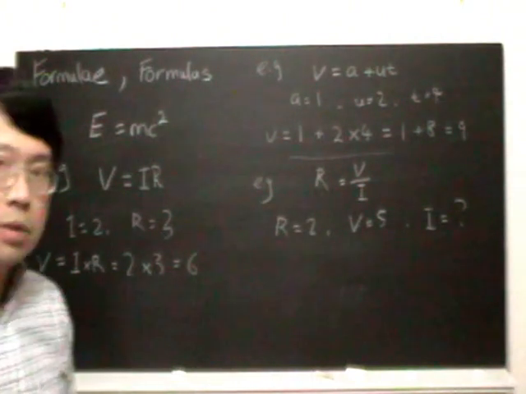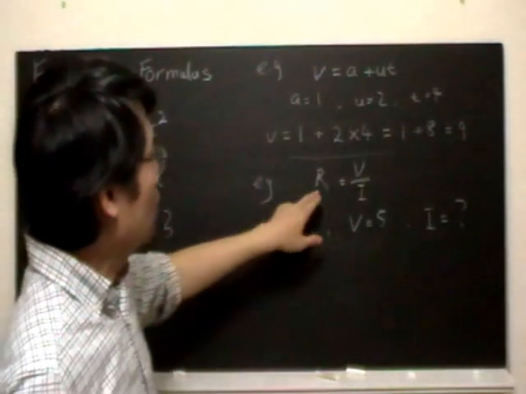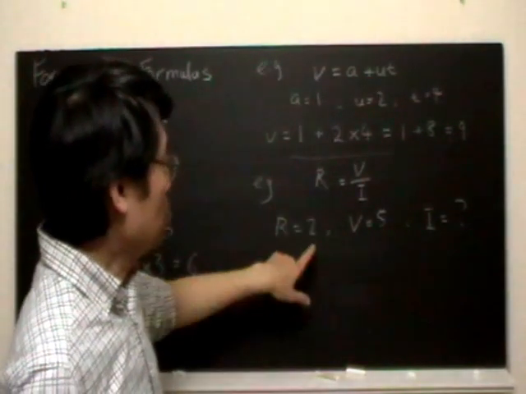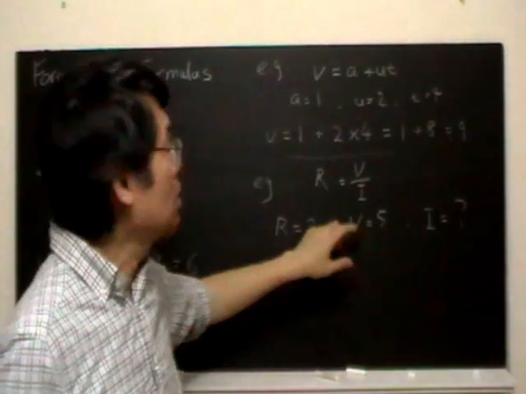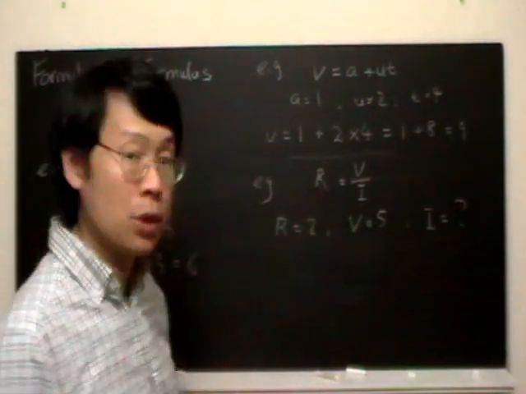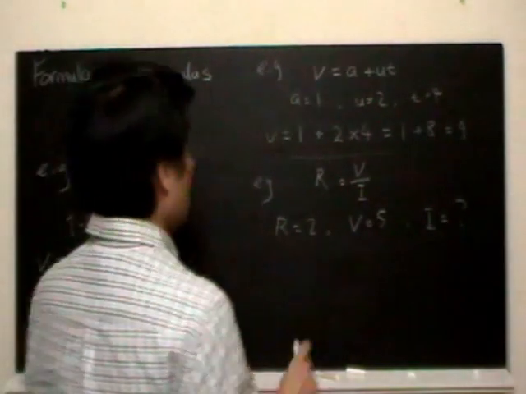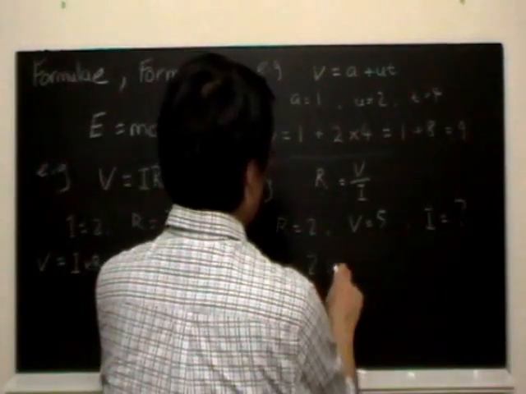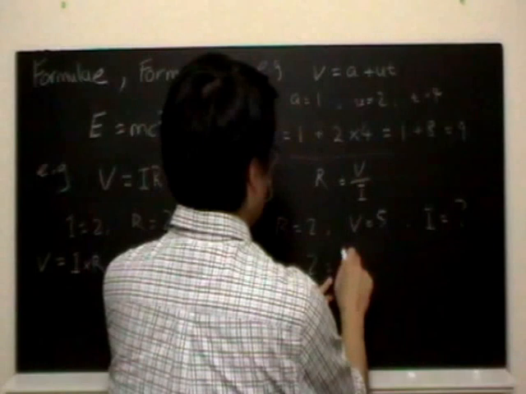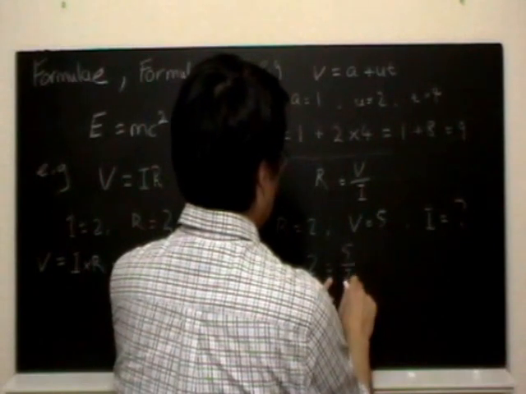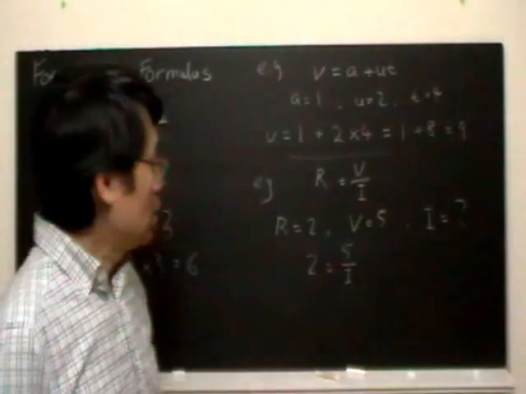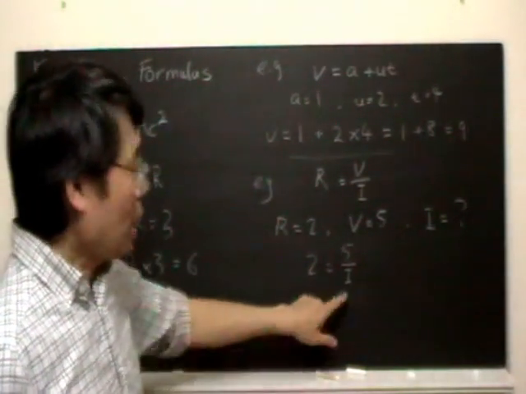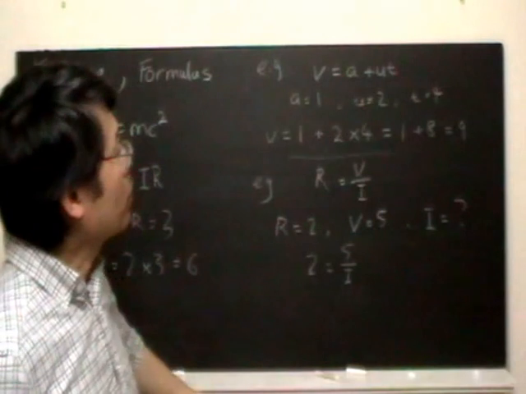So like before, we can substitute the numbers for R and V into the formula. Let's do that. So R is 2, V is 5, I we want to find. But we have I here at the bottom.